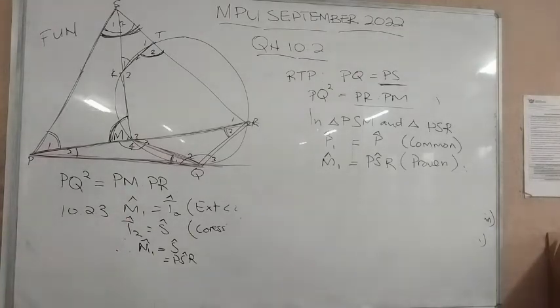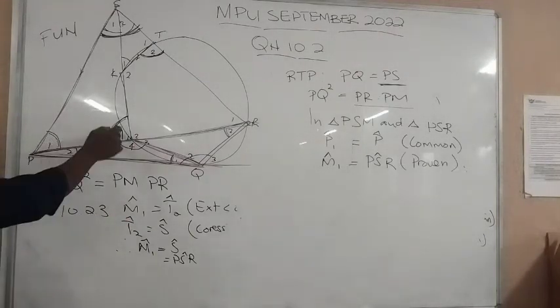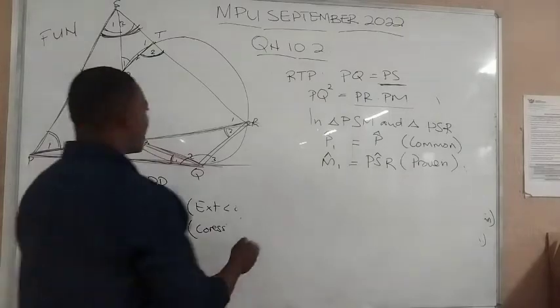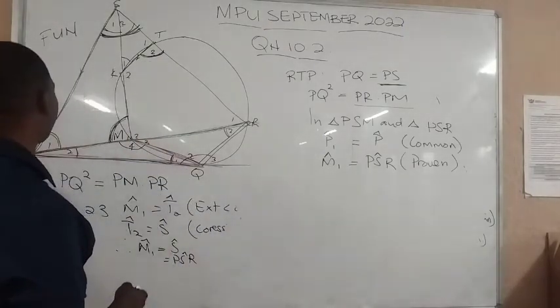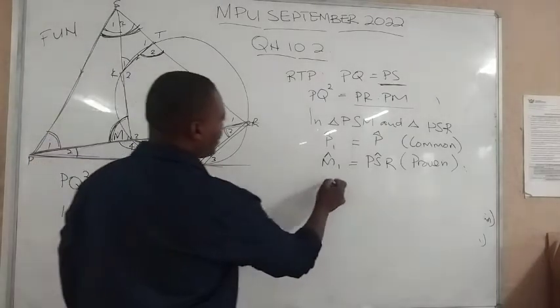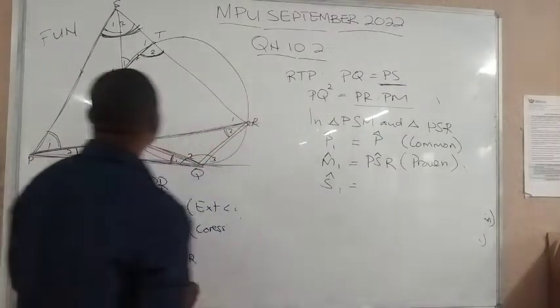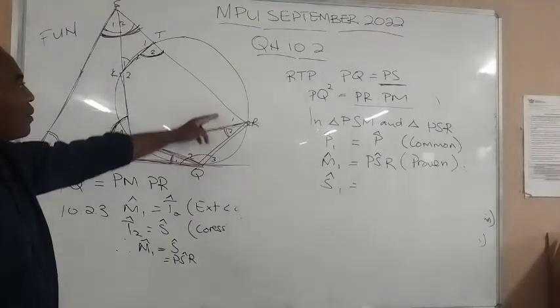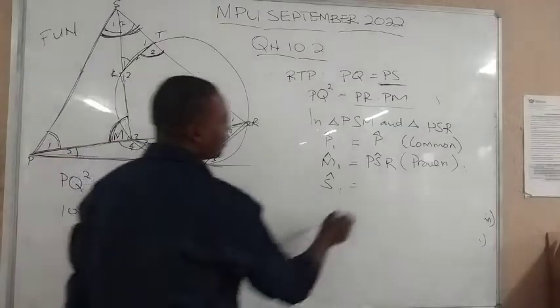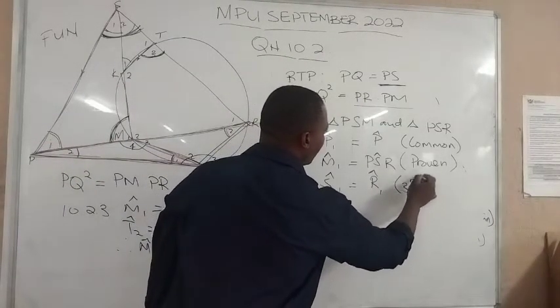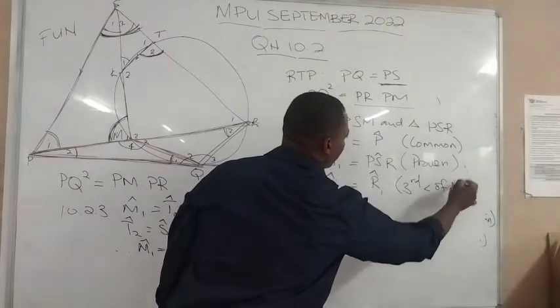Now, once you are done with two angles, then the remaining angles obviously will be the same. So in triangle PSM, the remaining angle is angle S1, which will be equal to, in triangle PSR, angle R1. That is the third angle of the triangle.